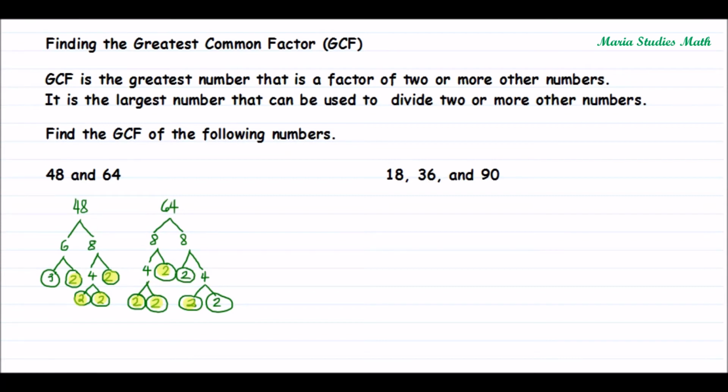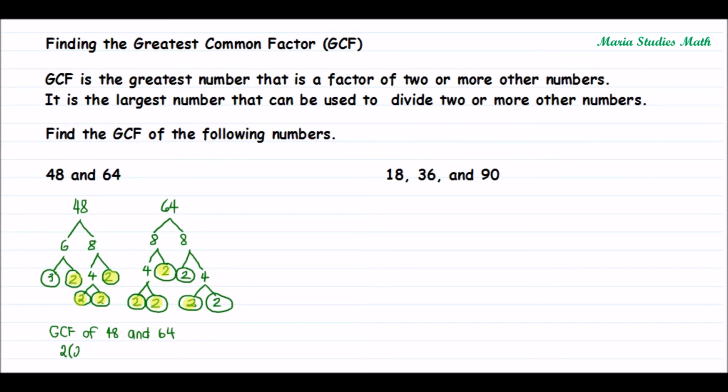So that would mean our GCF. GCF of 48 and 64 is just the product of all those highlighted common factors.